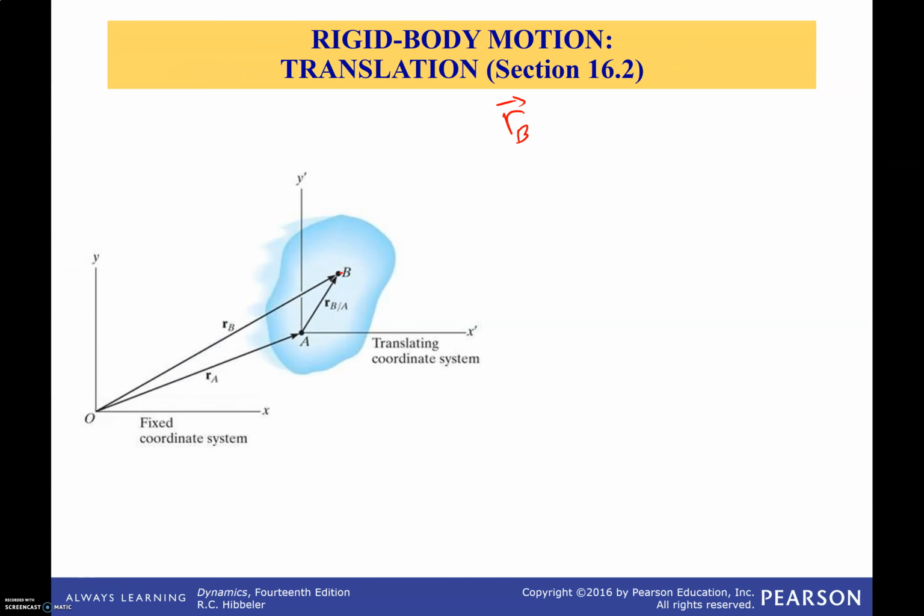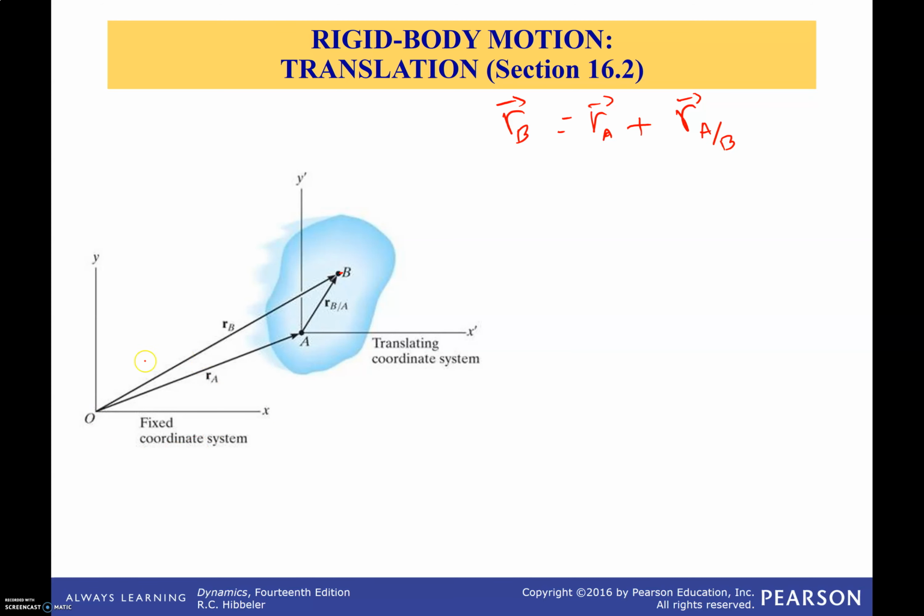The vector r_B is equal to the vector r_A, which goes from the origin to point A, plus the vector from A to B. To write that, we're going to write r_B/A, the position of B relative to A. That's the notation that we're going to use.